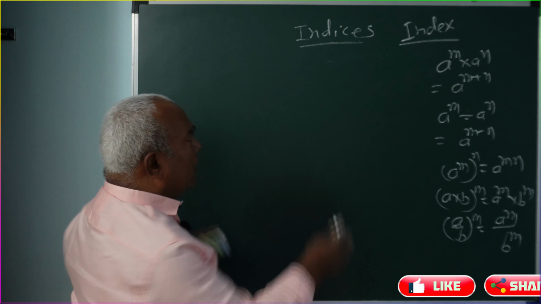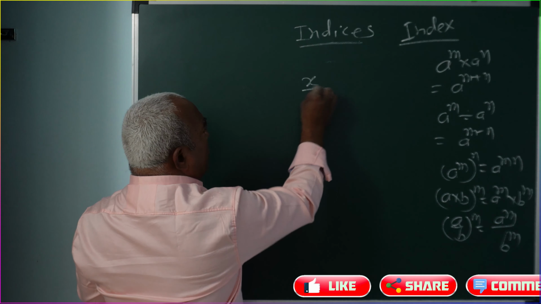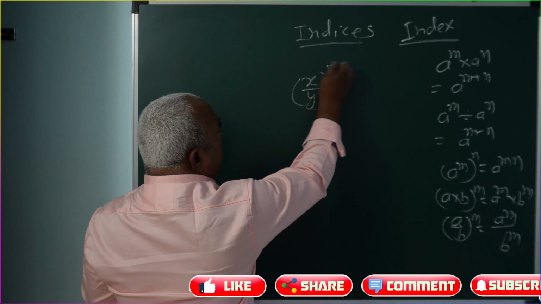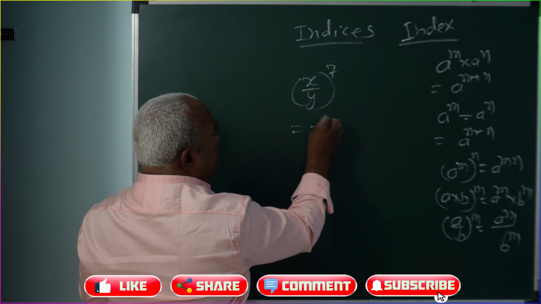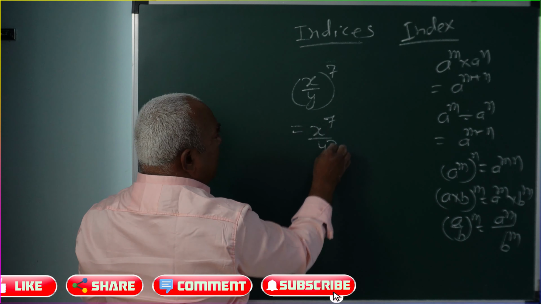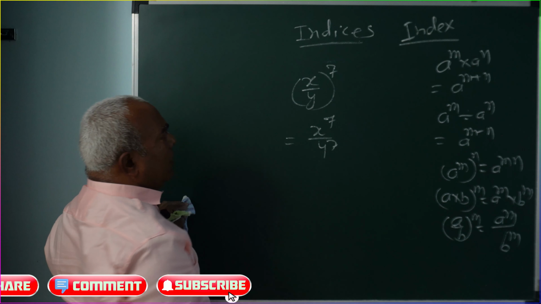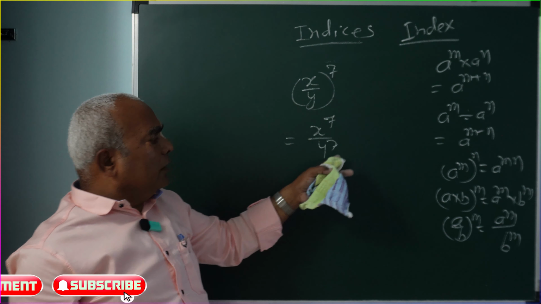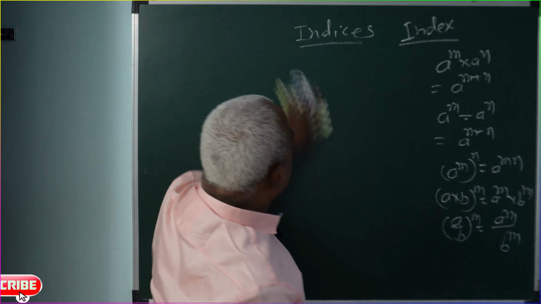See here, means this rule. Suppose (x upon y) raised to 7. We can write x^7 upon y^7 separately. We can do this way. This will be the next rule.